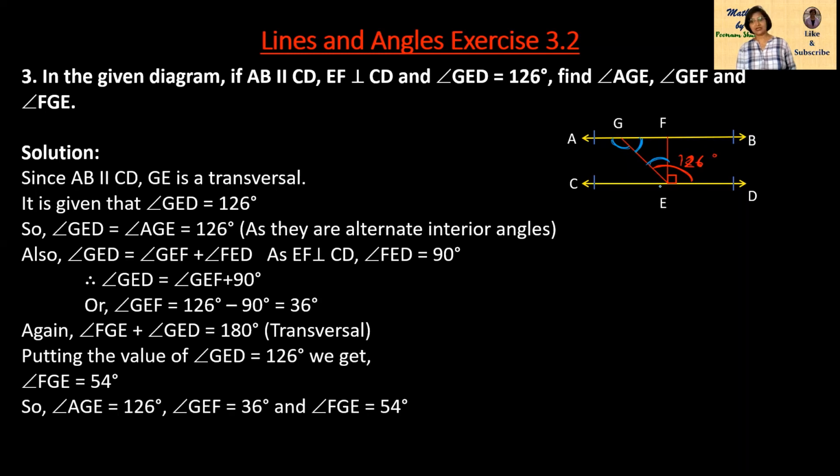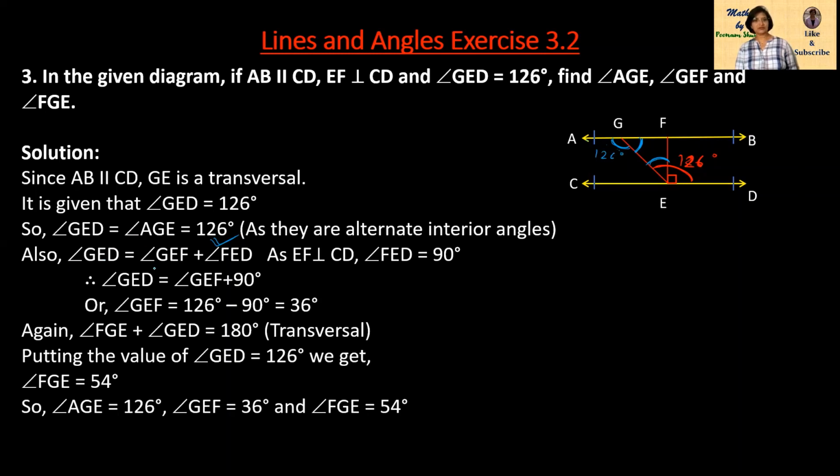Because this is a transversal and these are alternate interior angles. AGE and GED are alternate interior angles, so these two will be equal. That will be 126. So this angle will be 126 degrees.